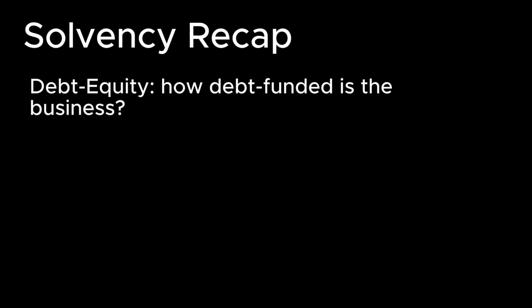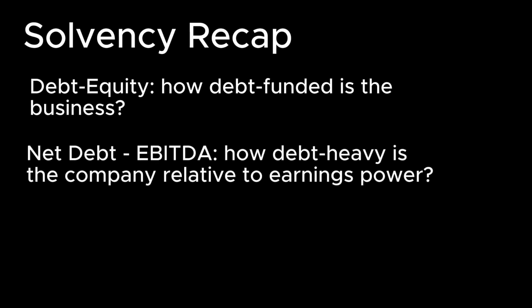Alright, so that does it for long-term safety. Here's a quick recap of what we just learned. The debt-equity ratio tells us how debt-funded the business is. In general, the more debt is used to finance a company, the more constrained it will be in times of stress. Net debt to EBITDA tells us how debt-heavy the company is relative to its earnings power.